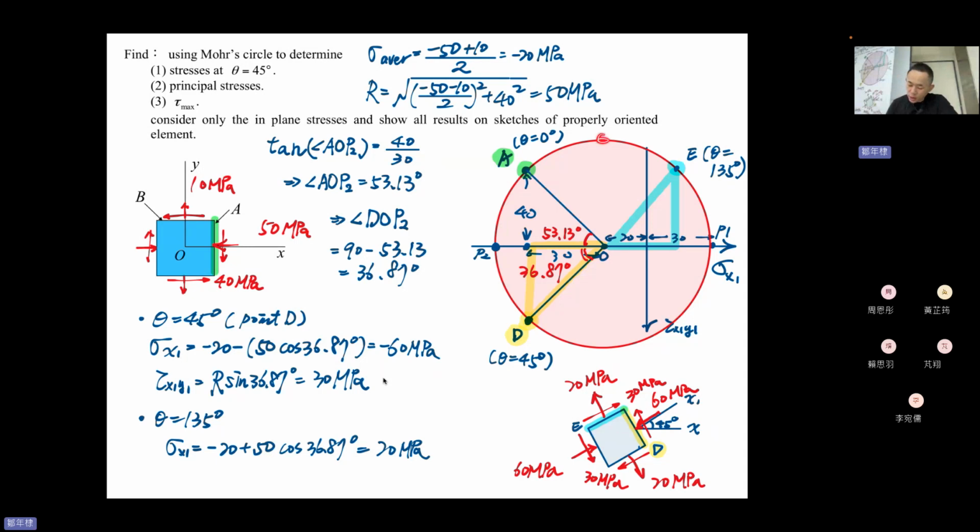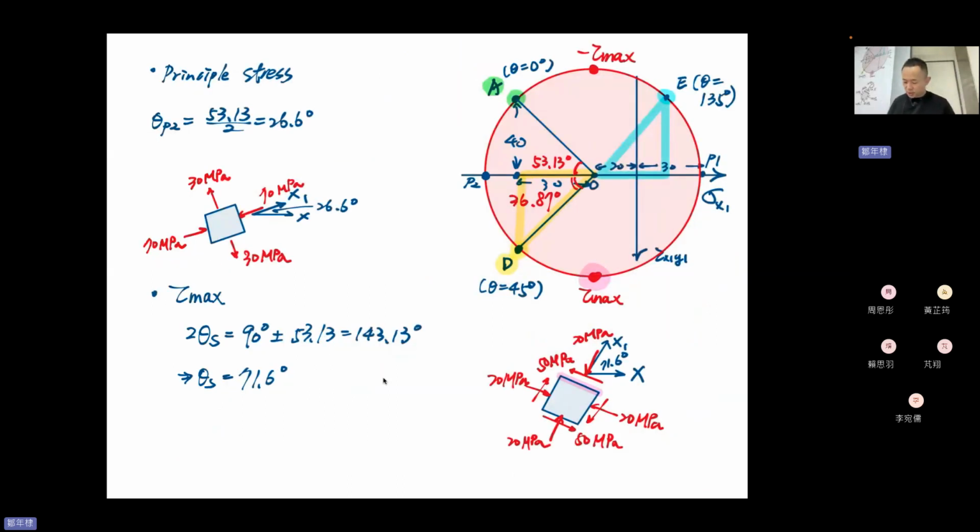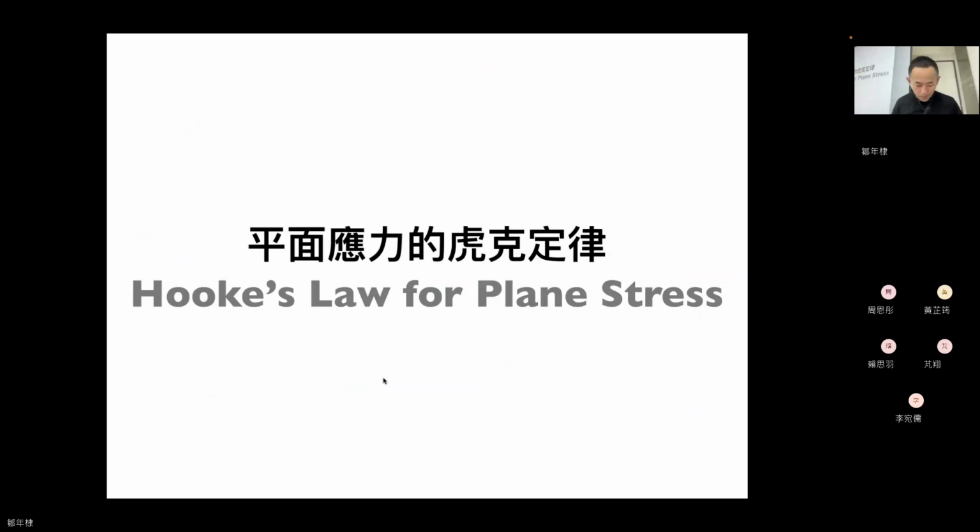Also, your top and bottom points will be your maximum tau, where the maximum shear stress occurs. Then you can use the geometric problem to solve for all the stress components in all directions. Okay, so that's it.